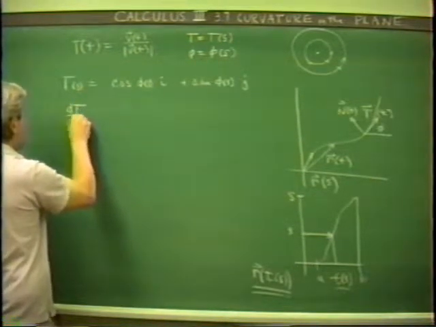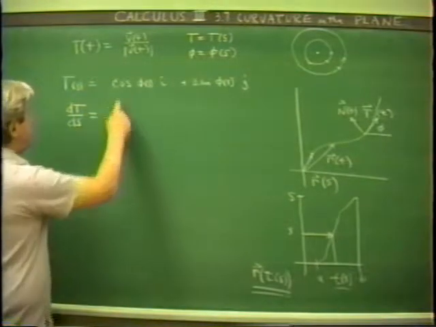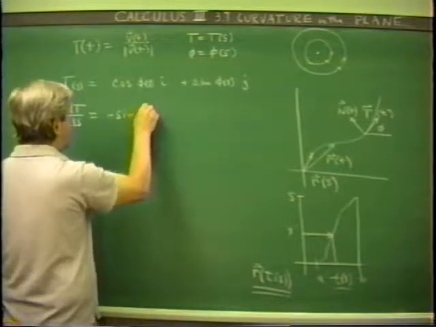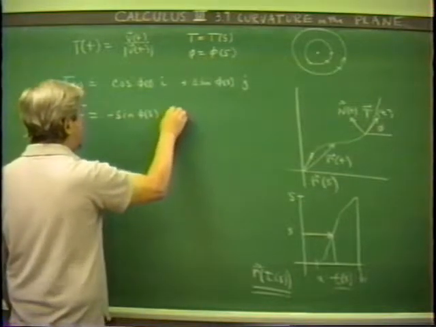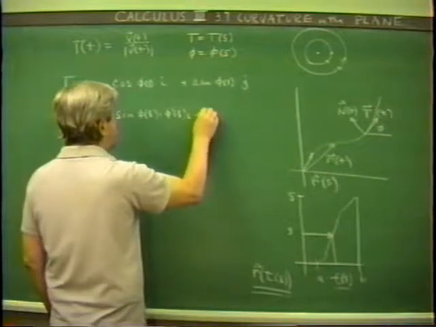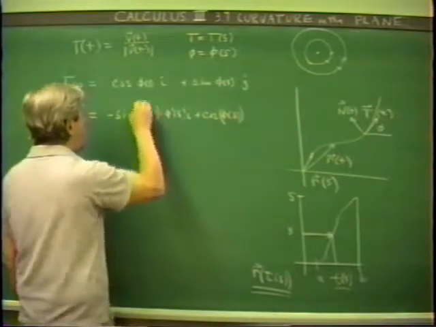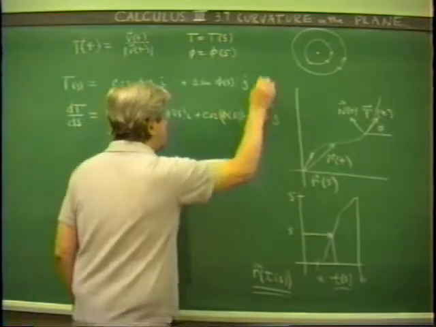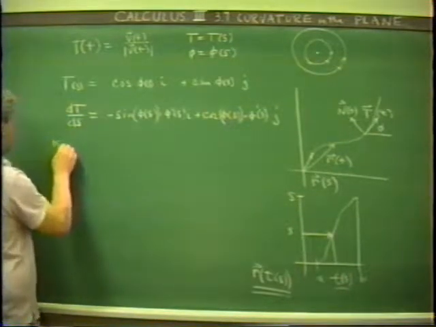So what we get here is that then dT/ds is going to be equal to minus the sine phi of s times phi prime of s i plus the cosine phi of s times phi prime of s j.